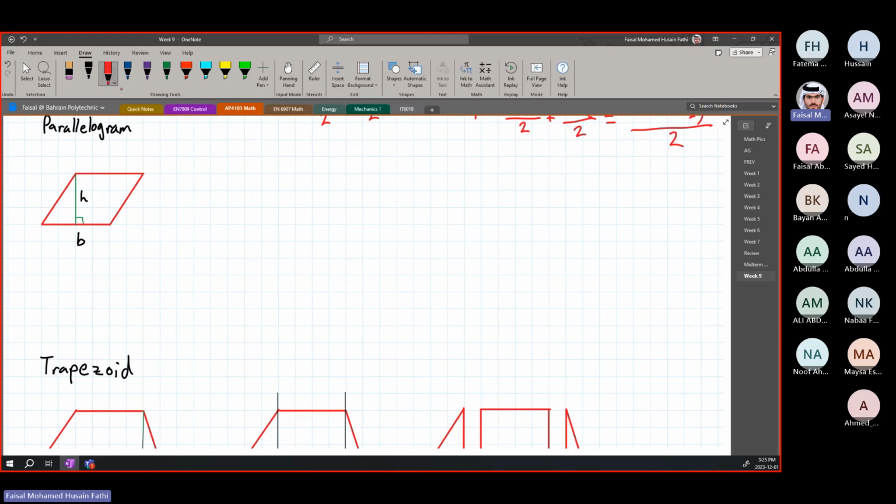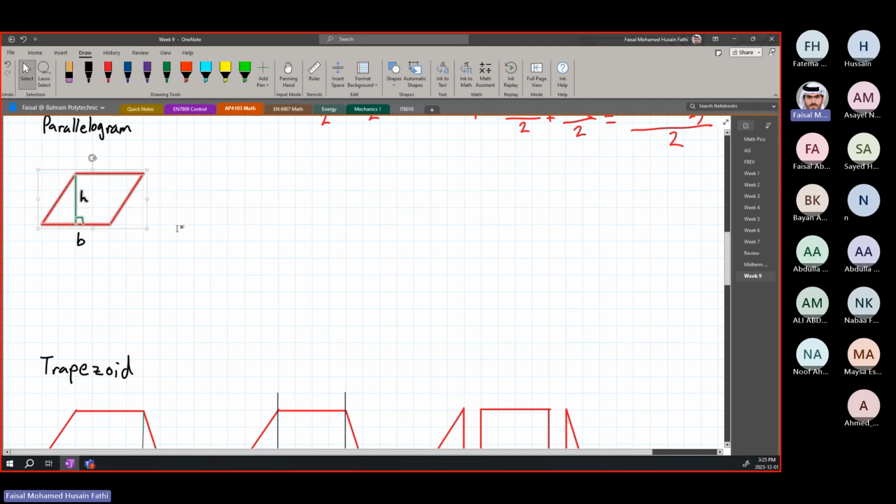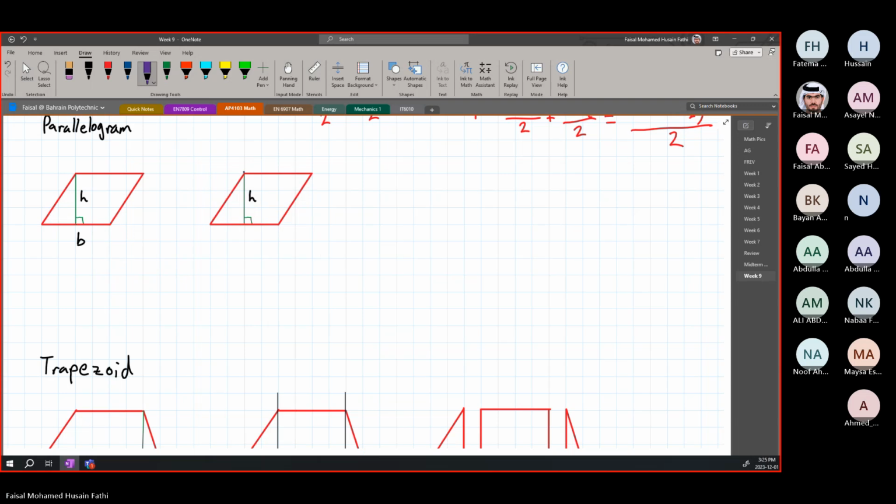Meaning, if we draw a rectangle of the same size, let's just copy paste this so I can show it on the actual parallelogram we have. So let's say we draw a rectangle here. So this is your rectangle.